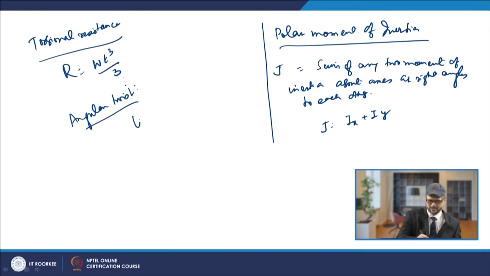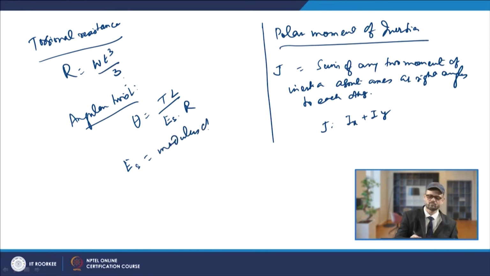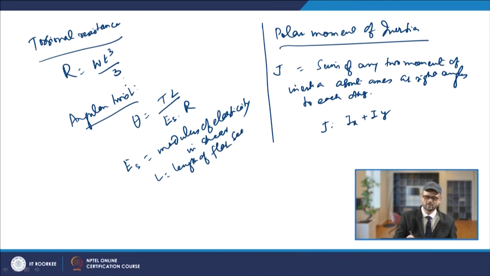The angular twist will be TL upon ES into R, where ES is the modulus of elasticity in shear, L is the length of the flat section, T is the torque, and R, as we know, is the torsional resistance.